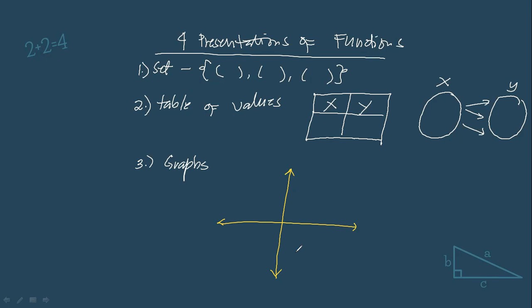Meron po tayong tinatawag na linear, meron po tayong tinatawag na quadratic, meron din naman po tayong tinatawag na cubic. So for example, yung graph po natin na nakita is like this. So this is a linear graph because it is presented by a line.